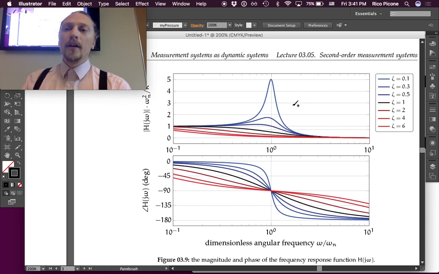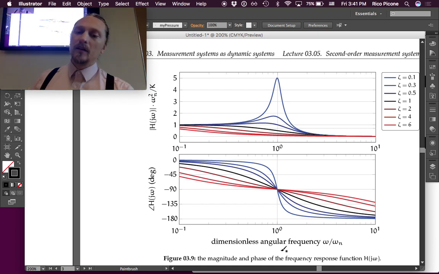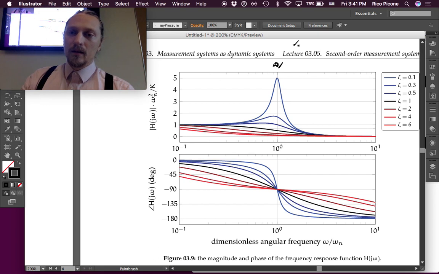And so notice that for underdamped systems, we have this rise near, what is this? This is the dimensionless angular frequency, omega divided by omega n. And at this key line here, that's equal to 1.